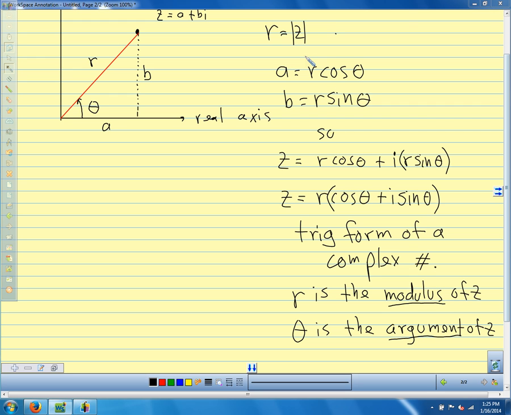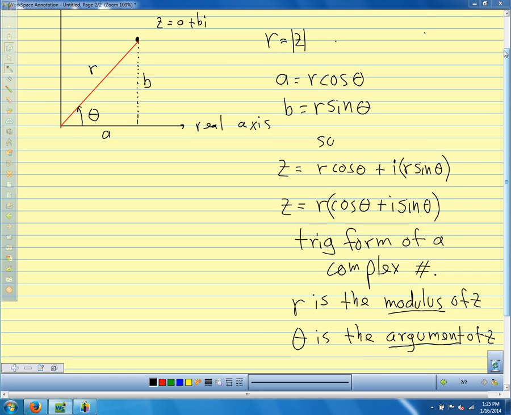All right, so we have this trig form of a complex number. This is exactly like we talked about vectors. We can think of this complex number like we thought of a vector. This angle, just like we thought of the angles with the vectors. We found R, so R, our modulus, is the square root of a squared plus b squared.